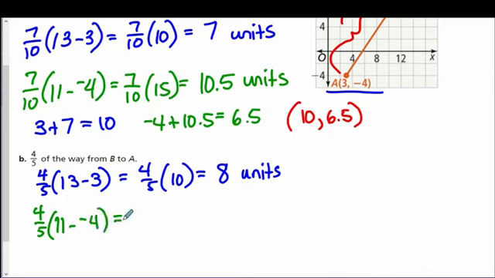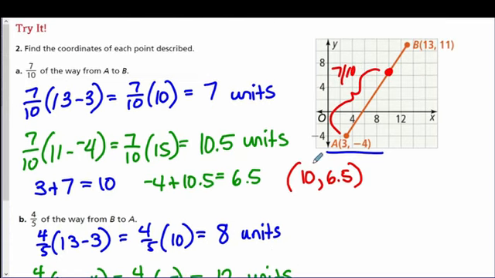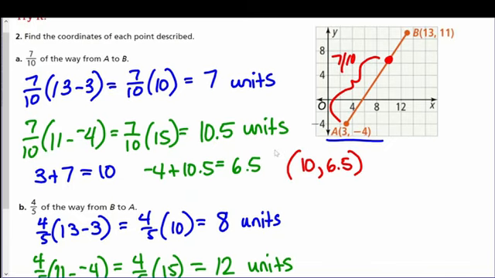4/5 of 15 is 12 units. So now instead of 8 units right and 12 units up, we're starting at B and working back to A. So I need to go 8 units left and 12 units down. So I'm going to be using the coordinates of B and subtracting.